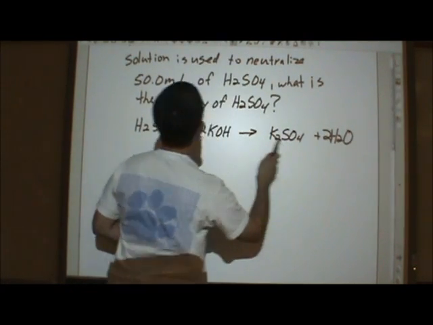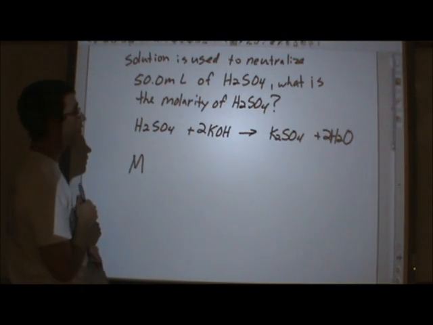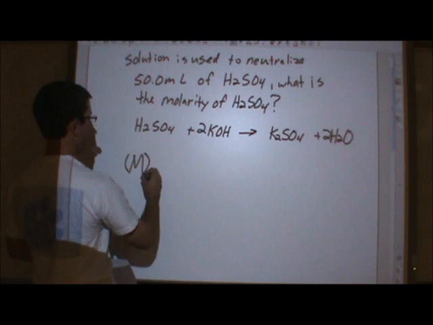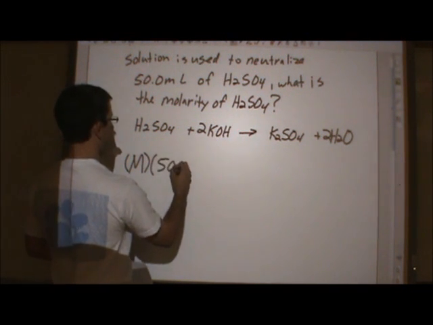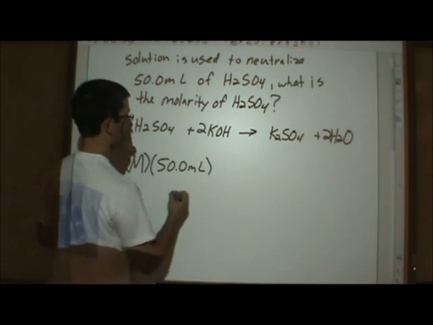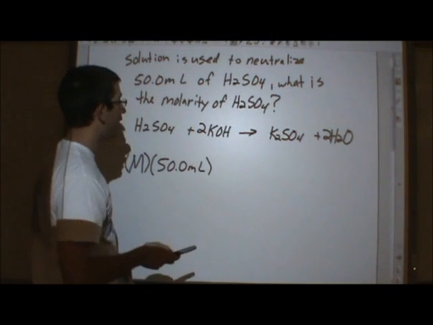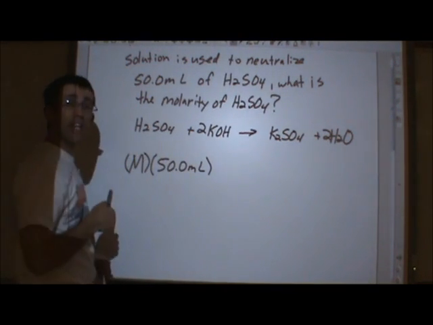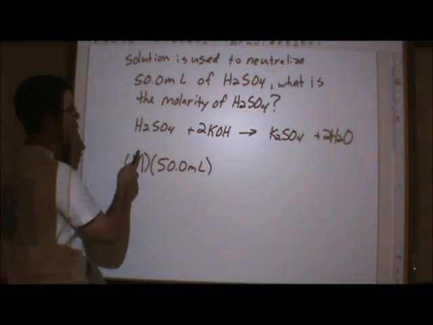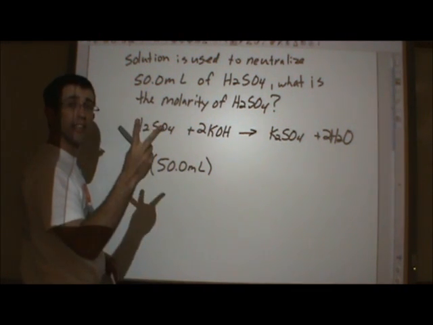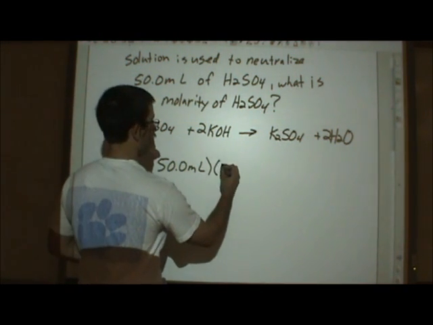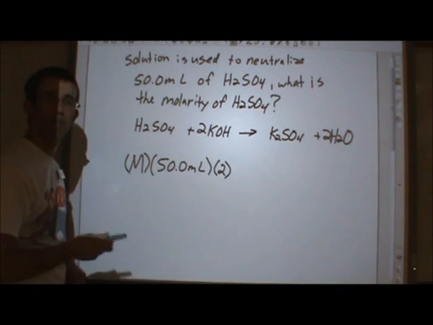Well, we do. They told us the volume was 50.0 milliliters. So molarity times 50.0 milliliters times the number of hydrogens. We need to look into our lovely equation here. It tells us our number of hydrogens is 2. So we have 2 hydrogens that are going to come off of sulfuric acid.